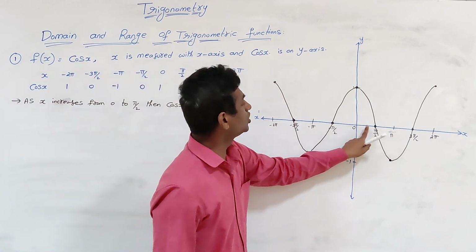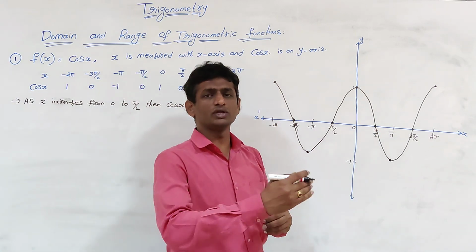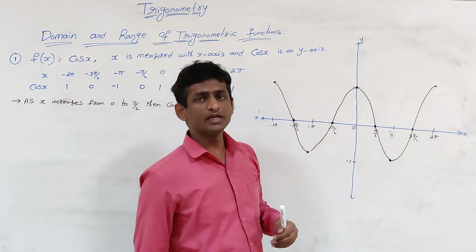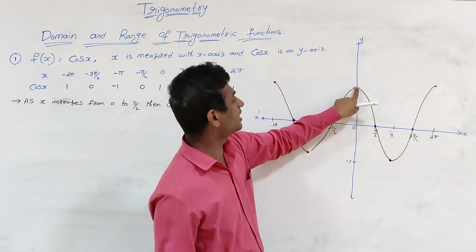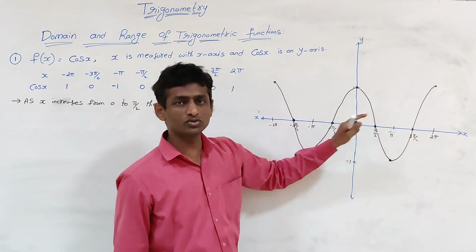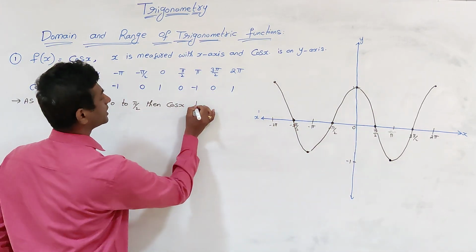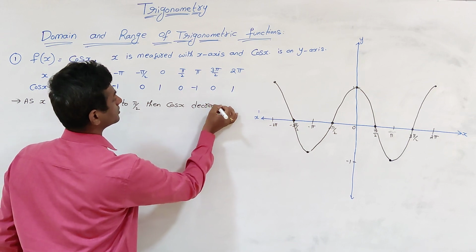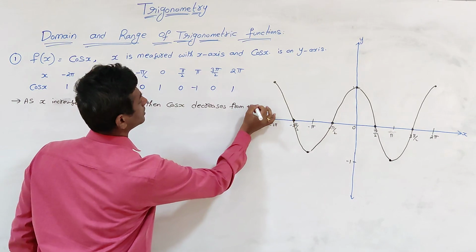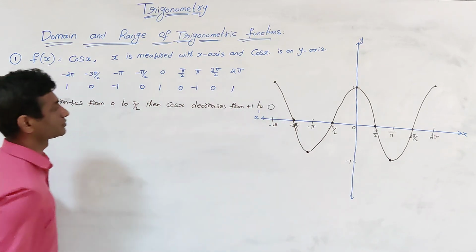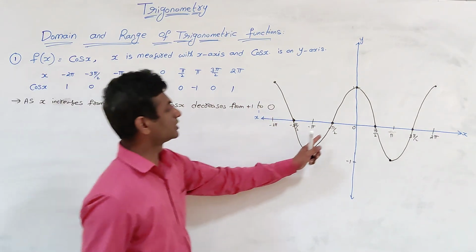As x moves from 0 to pi by 2, means 0, 10, 20, 30, 40, 50, 60, 80, 90, it is slowly decreasing from 1 to 0, and it reaches 0. Then cos x decreases from plus 1 to 0. That is in the first quadrant.